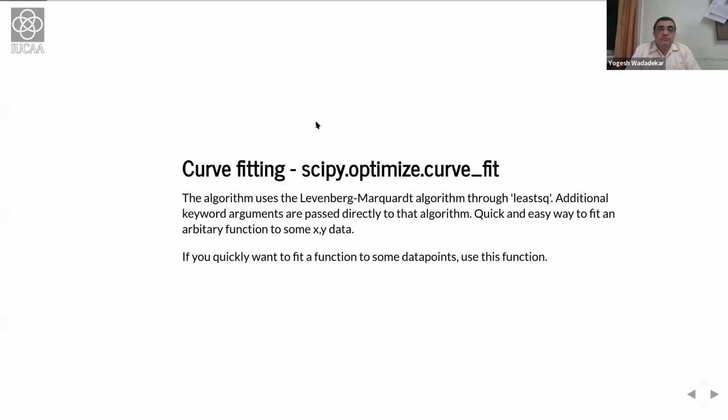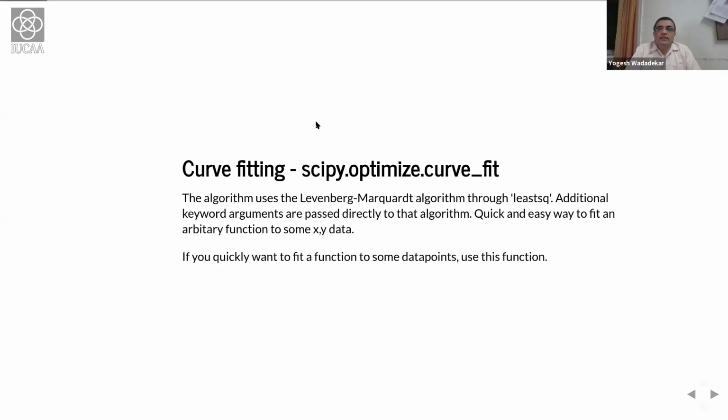And the algorithm that it uses is called the Levenberg-Marquardt algorithm. And it does what is called a least squares fit. And you can pass additional keyword arguments to that algorithm. And it's a quick and easy way to fit an arbitrary function to some XY data, right?